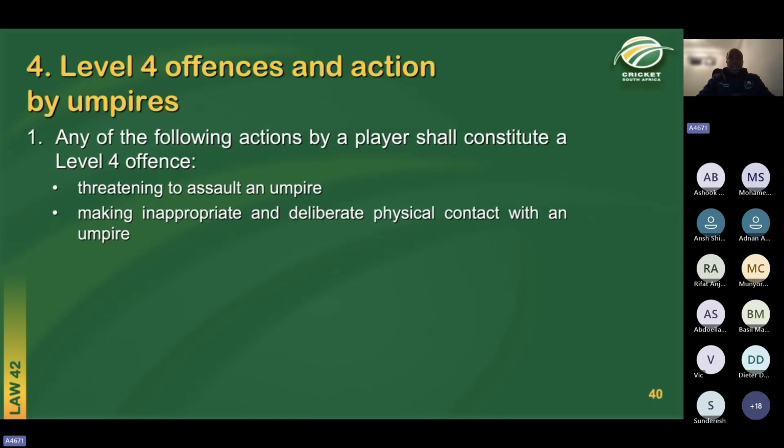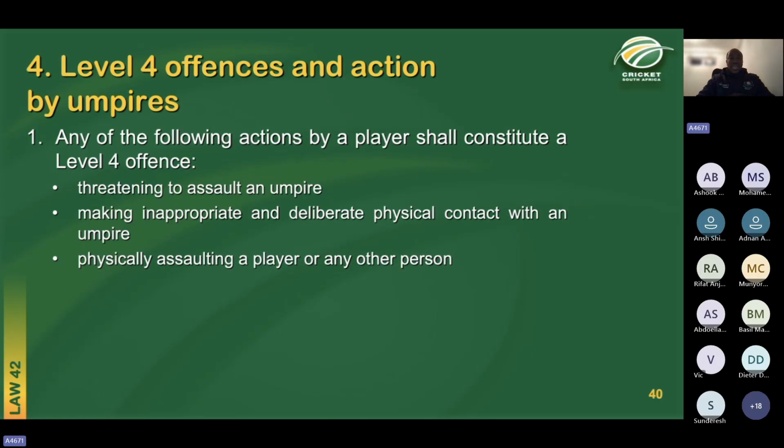If any player makes inappropriate and deliberate physical contact with an umpire, that will be a level 4 offense. Okay? Any physical contact which is deliberate and inappropriate against an umpire will be punished as a level 4 offense, and we will see what that punishment is shortly.